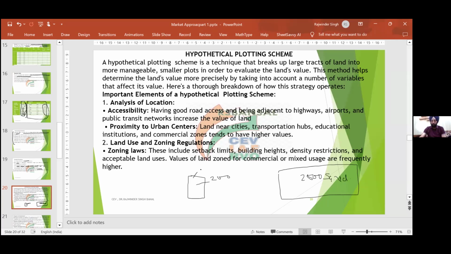So let us suppose per unit rate is 10,000 for this 200 square yard plot. Now you cannot apply the same 10,000 unit price to this large chunk of 2000 square yard.